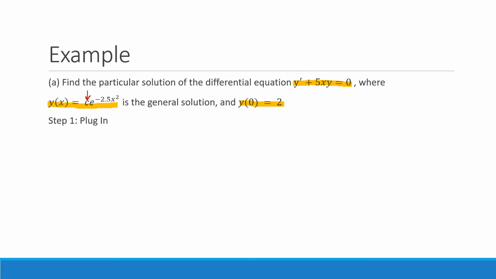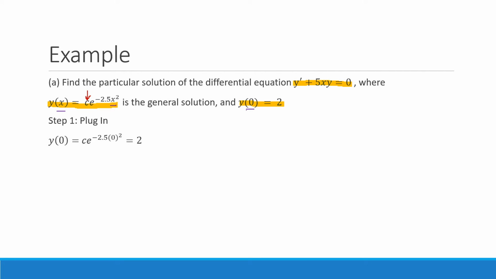So the first step is to plug in this 0 for x in our solution. Anywhere where we have an x, so here in the exponential function, we will plug in 0. So that's what we did here.